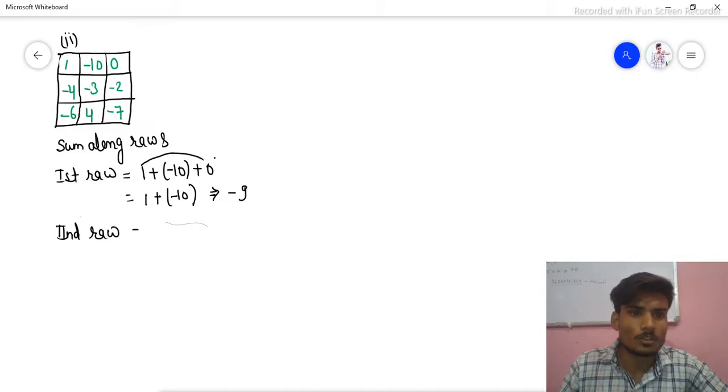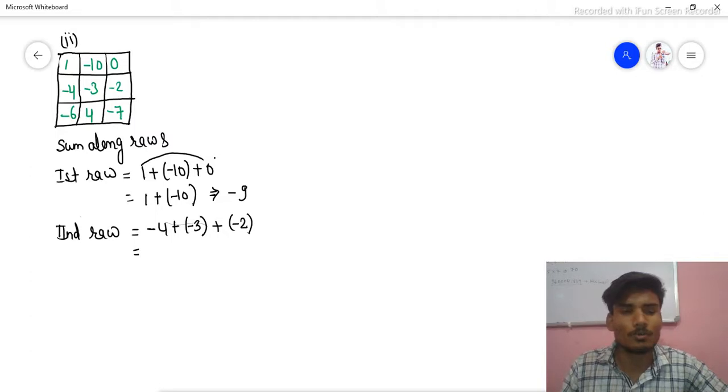Then the sum along the second row: minus 4 plus minus 3 plus minus 2. All of the values are negative, so we can add these values. Minus 4 plus minus 3 is minus 7, minus 7 plus minus 2 is minus 9. So the answer is minus 9.